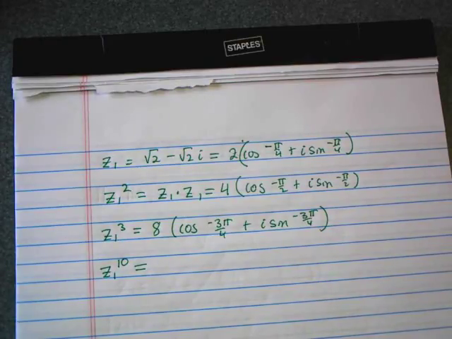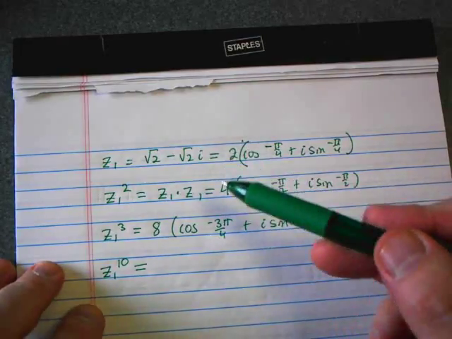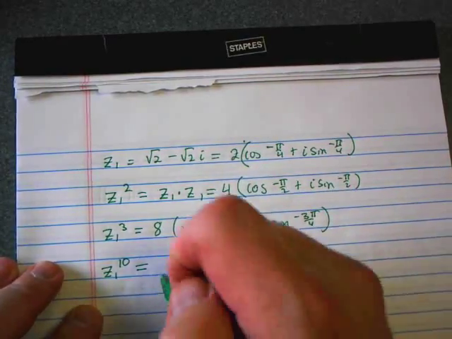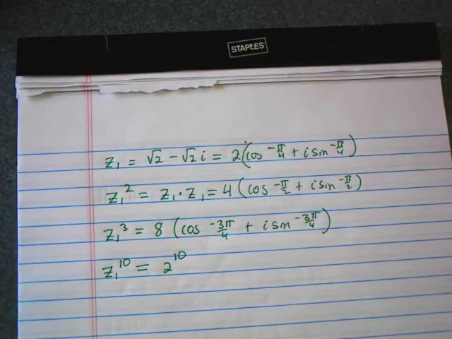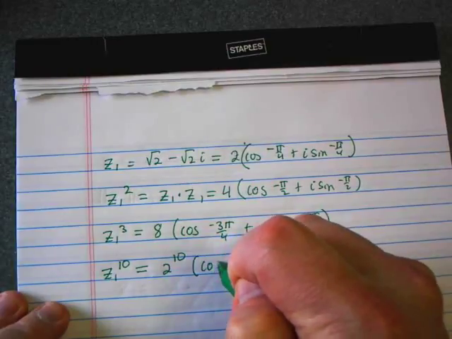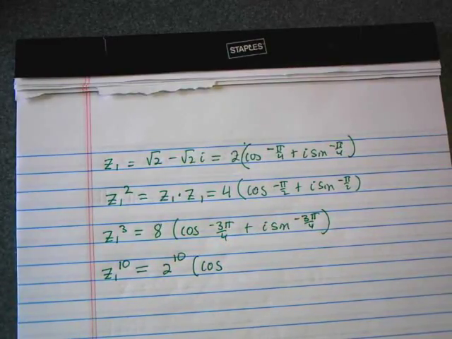And what did you type into your calculator? 2 to the 10th. I would do 2 times 2 times 2 times 2, 10 times. So I would have 2 to the 10th out front. Cosine of what angle? And you don't have to give it to me reduced. In fact, I would prefer it not reduced. Make the point.